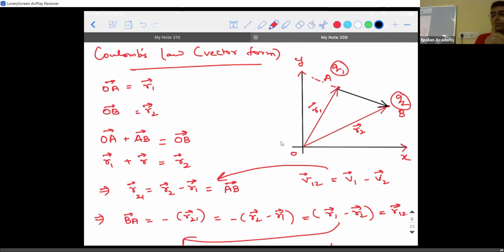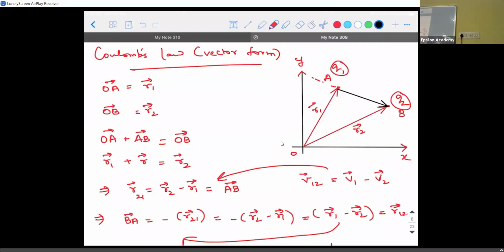An important point: these types of forces are called central forces. Have you heard this word before? Gravitational force is a central force. Any force acting along the line joining the particles is what we call a central force. I want you to make a clear note of it.